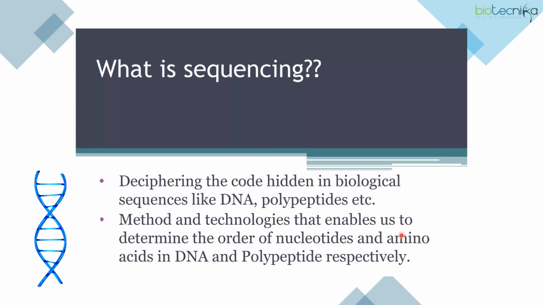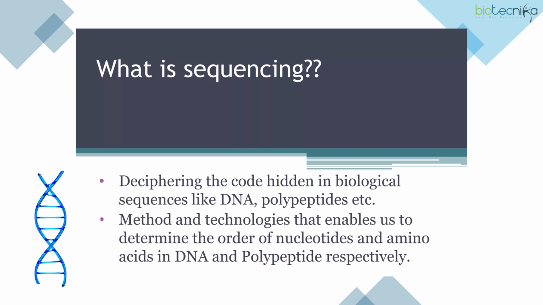Getting all of them? Using certain methods and technology, we are able to determine the order of nucleotides, the exact pairs of nucleotides, so that we can identify the change or whether any kind of mutation has occurred.